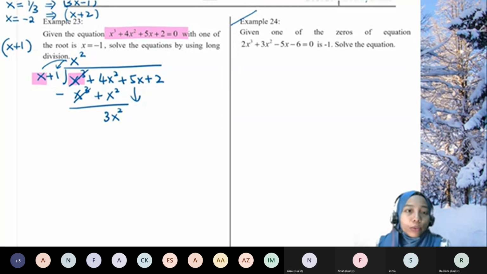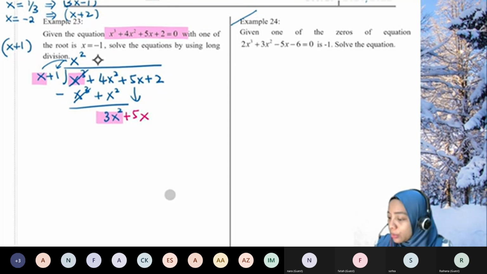So itu remainder, you turunkan 5x. Okay, so sekarang cikgu buat warna pink, 5x. Okay, now you have to think of what makes 3x square. What makes 3x square dengan x ni? So pastinya you perlukan positif supaya dia dapat positif. And then you perlukan x supaya dia jadi x square.